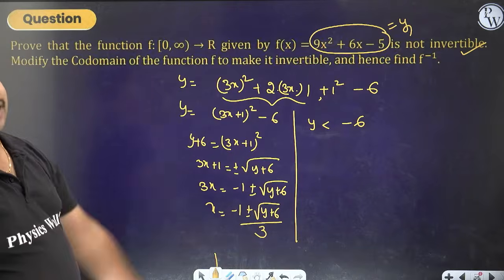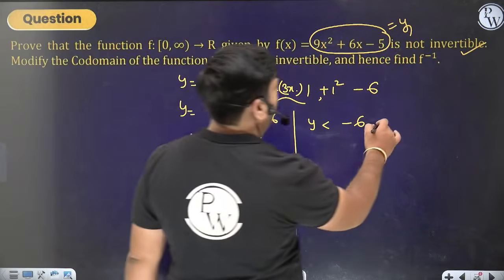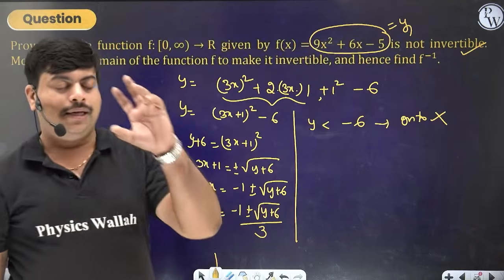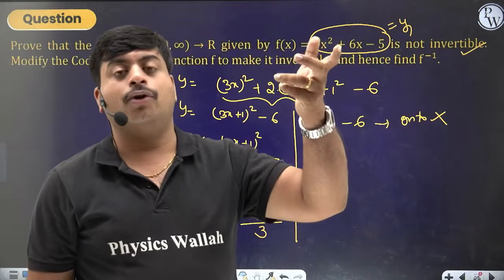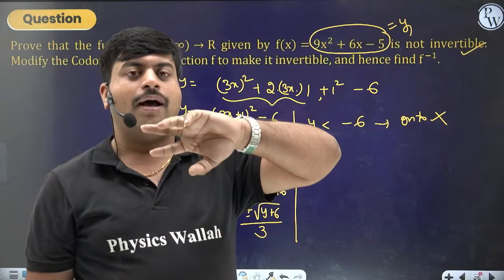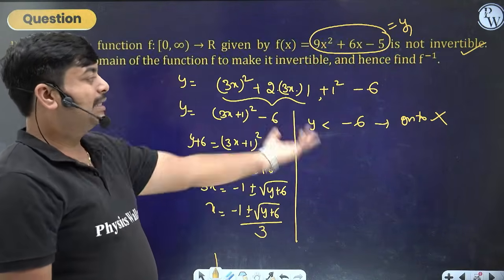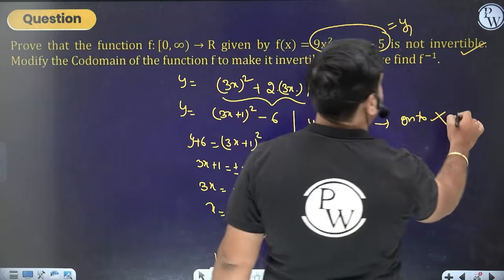So it is enough to say that it is not an onto function. The domain of f inverse should become the range of f, but that's not happening here. So as it is not onto, it is not invertible.